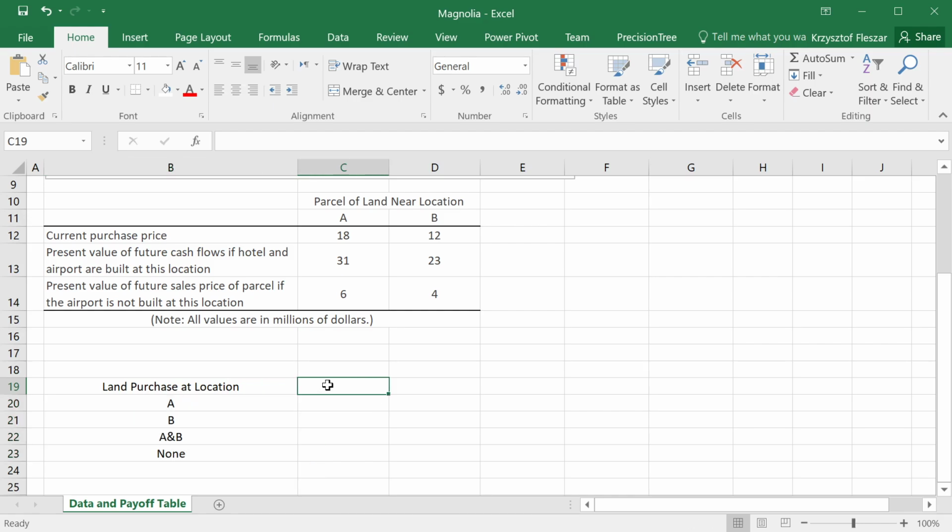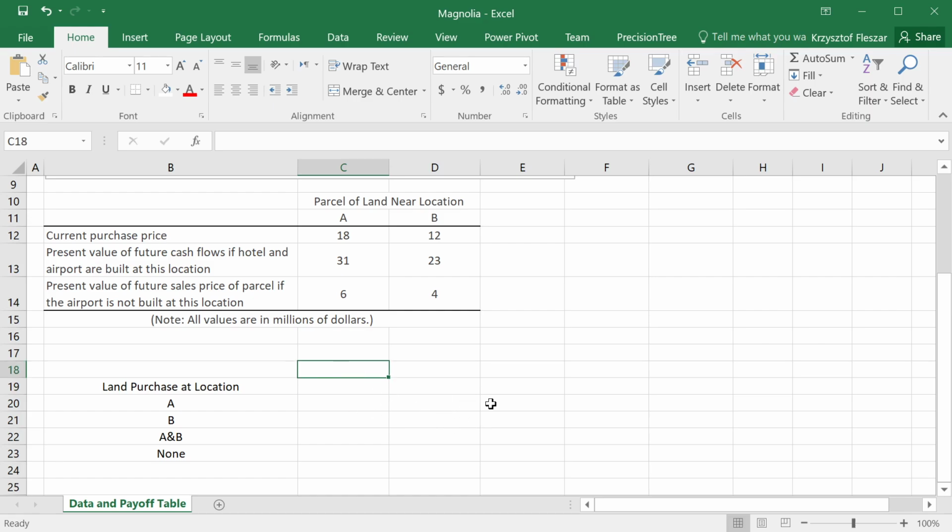And then we have to see what we are going to be affected by. The value that we will obtain at the end of this decision problem will depend on our decision, but also on the location where the airport is built.